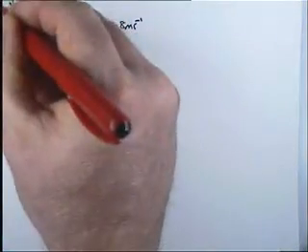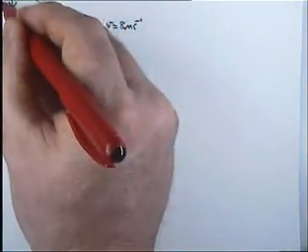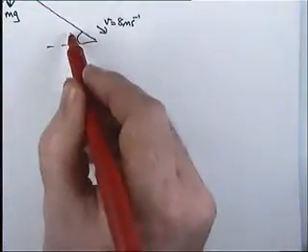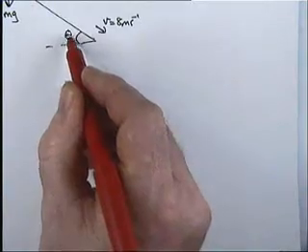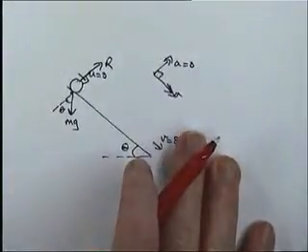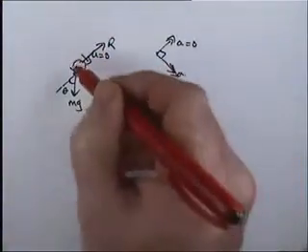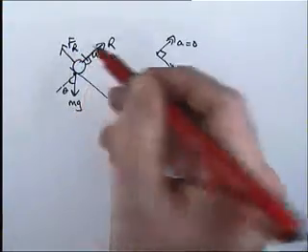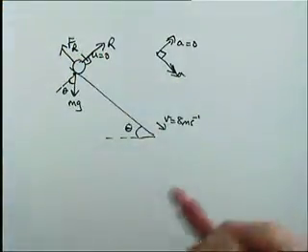Now we don't know what m is, so don't think this problem's not doable. We're just going to have to go for it and see what happens. We've got an angle theta, and we've got a frictional force acting up the slope, opposing the motion which is down the slope.